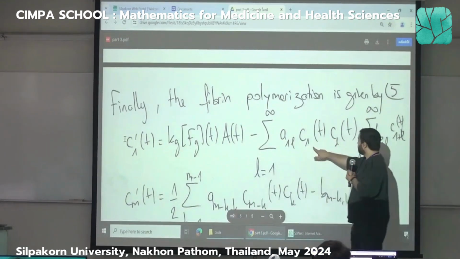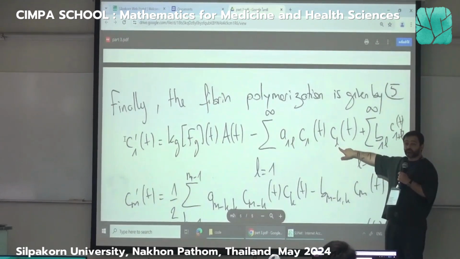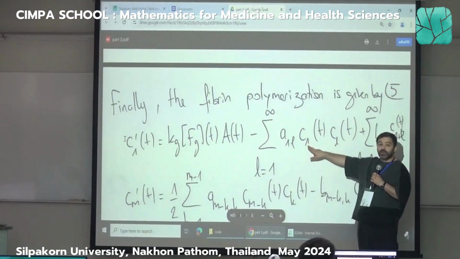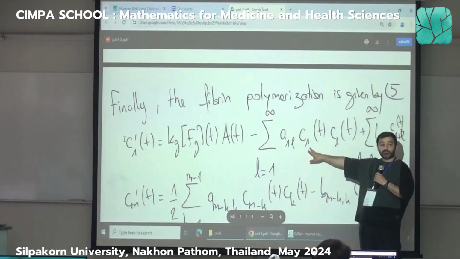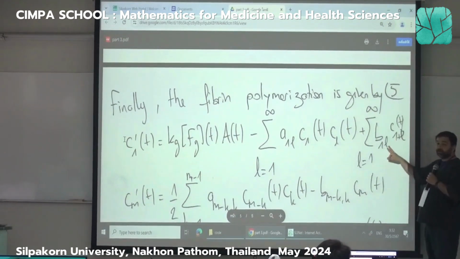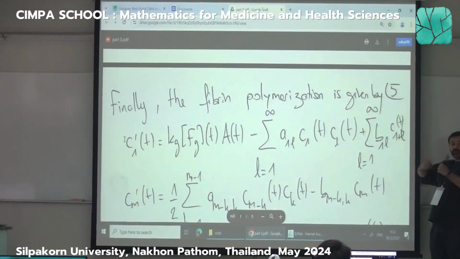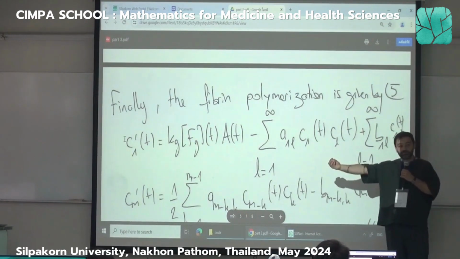One particle of size 1 will aggregate with a particle of size n. We have a new particle of size n plus 1. And the bigger particle of size n plus 1 can break or fragment, giving again a particle of size 1.